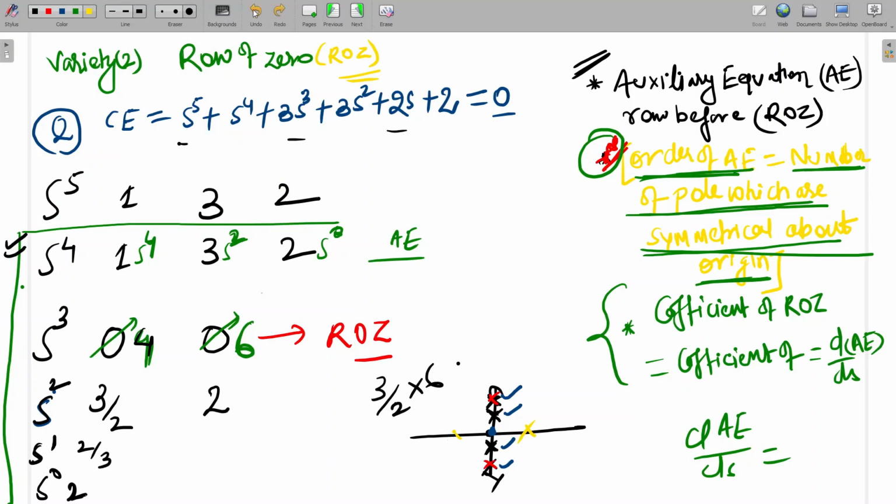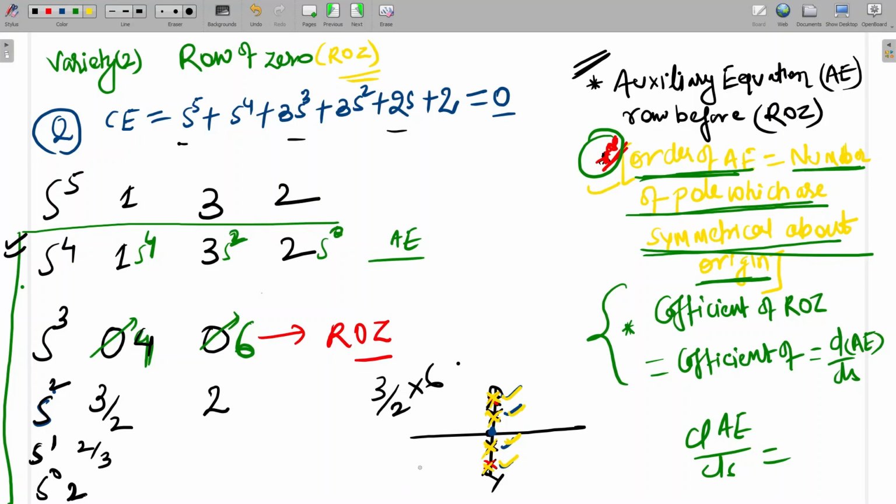So the order of the auxiliary equation means the number of poles which are symmetrical with respect to the origin. If one pole is coming here, another symmetrical pole will come here. Is it clear?